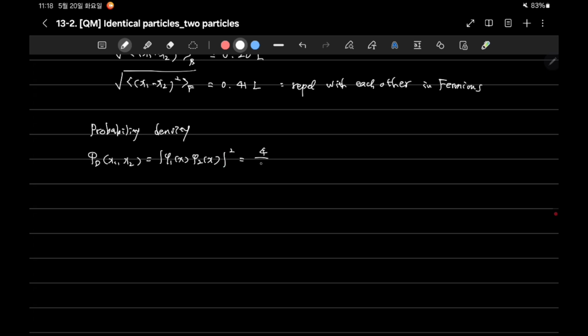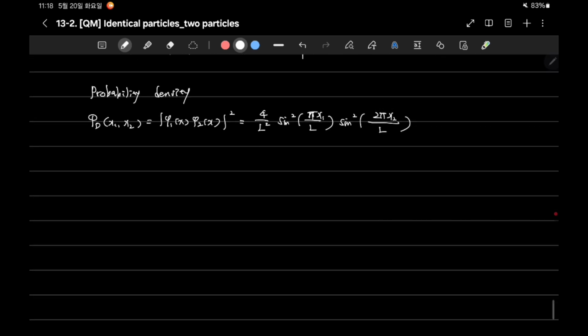It is 4 over L square, sine square pi x1 over L, sine square 2 pi x2 over L, because n equal to 1 and k equal to 2. It is for distinguishable particles.